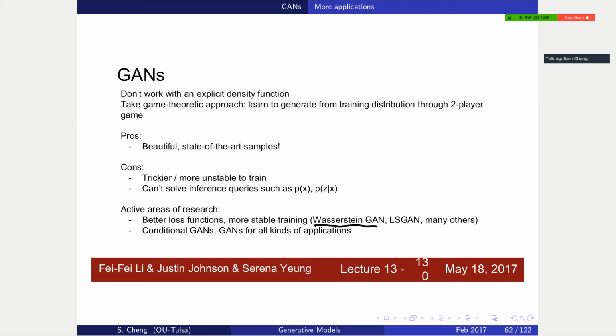Actually there are many variations trying to adjust the loss functions to make training more stable. As I said, this is a very active research area. Anyway, I will just stop here for GANs. I won't talk more about GANs. So, any questions?